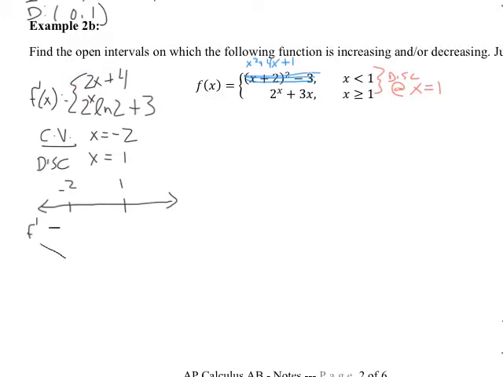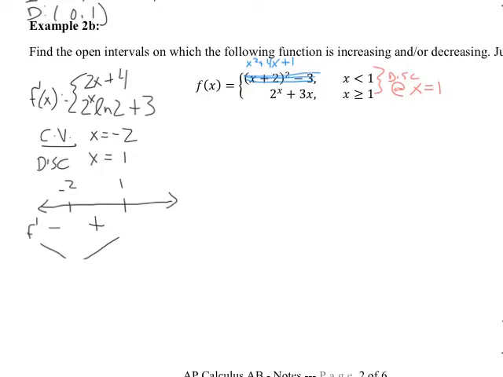So it's decreasing there. Then we test a value in here, we'll plug 0 in, and 0 gives us a positive answer. So this is positive or increasing. And then finally we test a number greater than 1, like 3. If we stick 3 into this piece, we're going to get a positive answer.